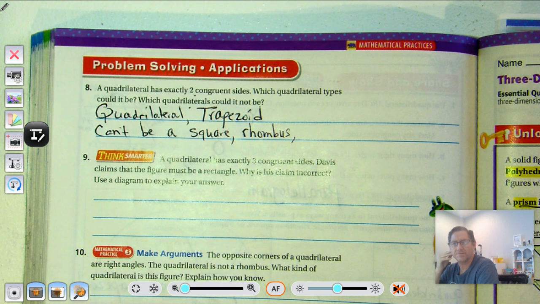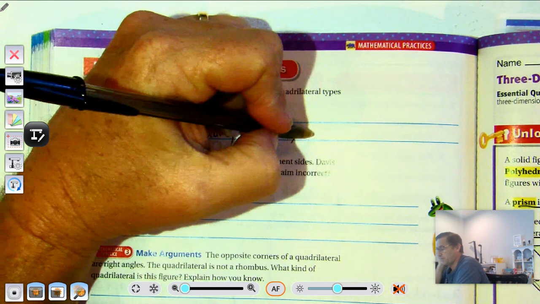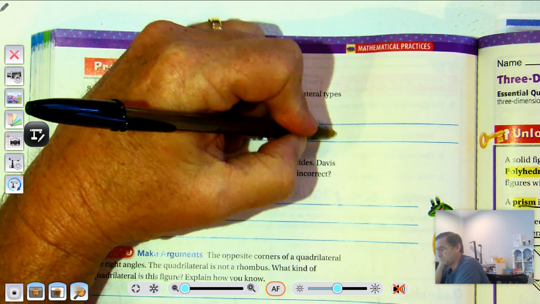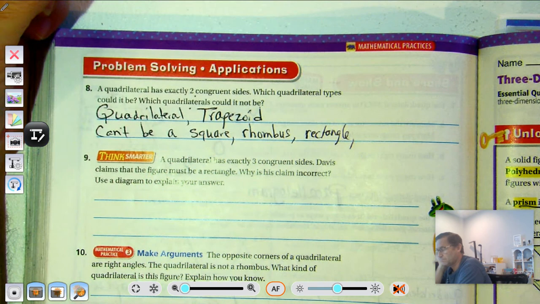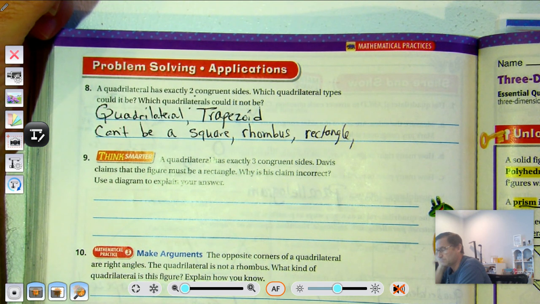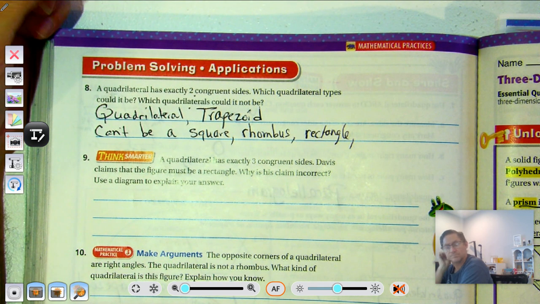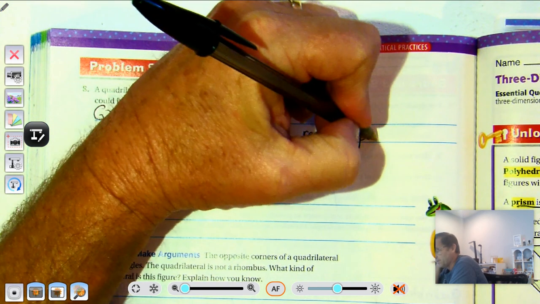Rectangle is going to have 2 pairs of congruent sides. So it can't be a rectangle. And it can't be a parallelogram, because if it can be a trapezoid, it can't be a parallelogram.